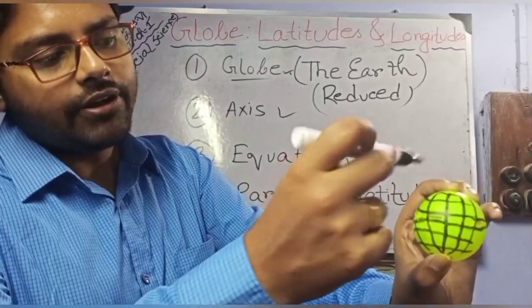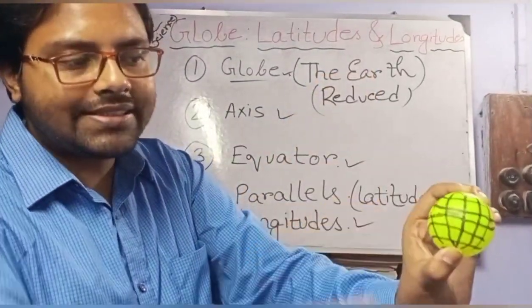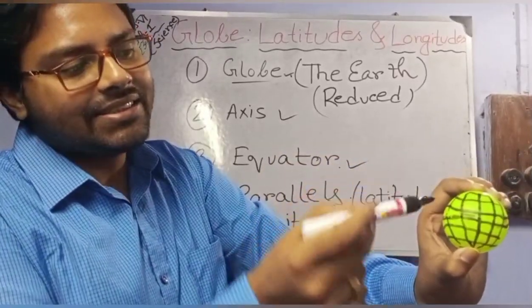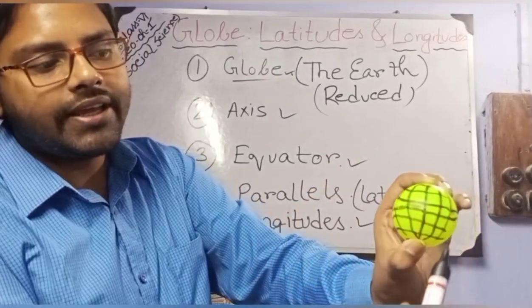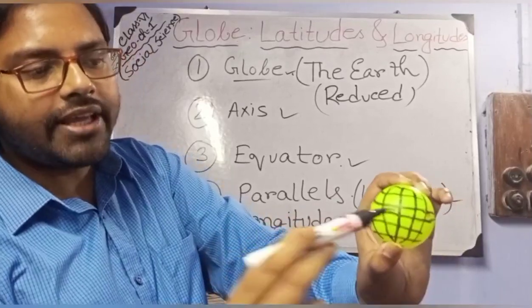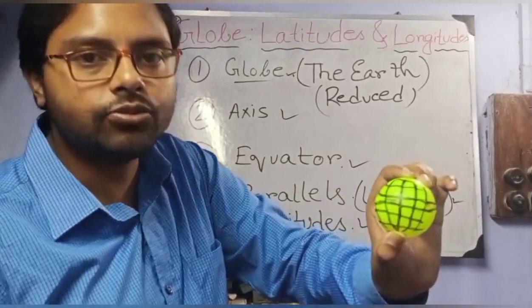This is north side, always the above side is north, this is south, this is east and this is west. The imaginary lines from north to south are known as longitudes, and from east to west are known as latitudes.